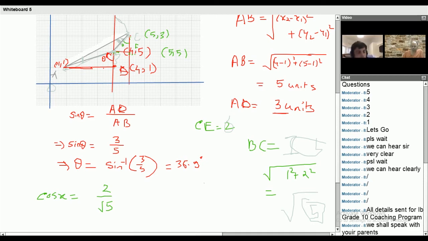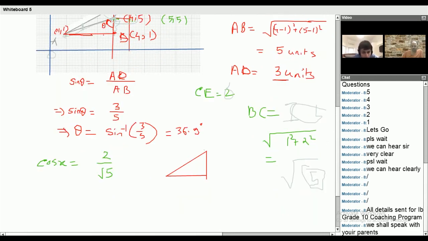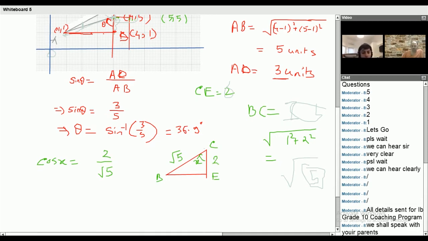Can you draw a small triangle again? Yes. I'm drawing it here. So this is x, this is B, this is C. You got this one as root 5 and this is E. CE you got 2.